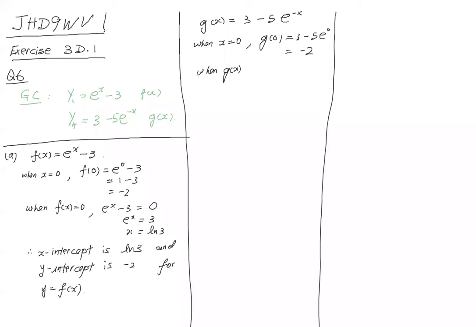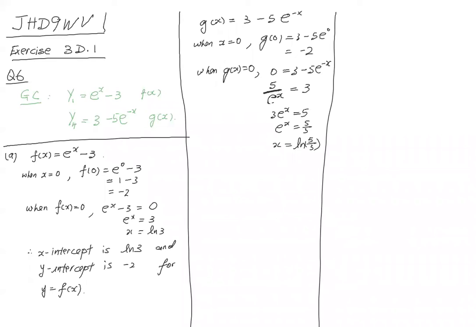When g(x) equals 0, 0 equals 3 minus 5e to the power negative x. So 5 over e to the power x is equal to 3, so 3e to the power x is equal to 5. So e to the power x is equal to 5 over 3, so x equals ln 5 over 3.